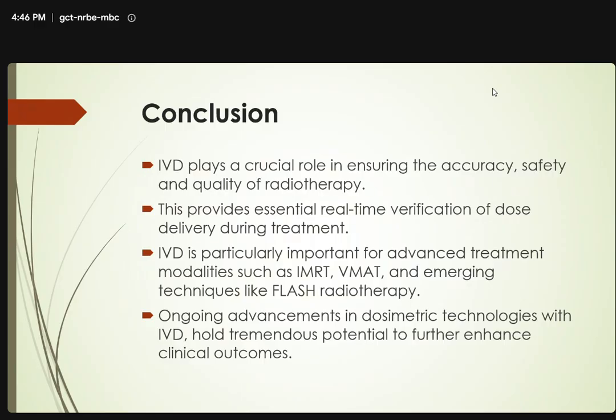In vivo dosimetry is particularly important for advanced treatment modalities such as IMRT, VMAT, and emerging techniques like flash therapy. The ongoing advancement in dosimetric technologies with in vivo dosimetry holds tremendous potential to further enhance the clinical outcomes.